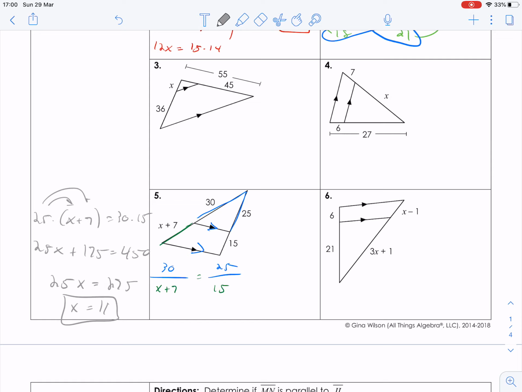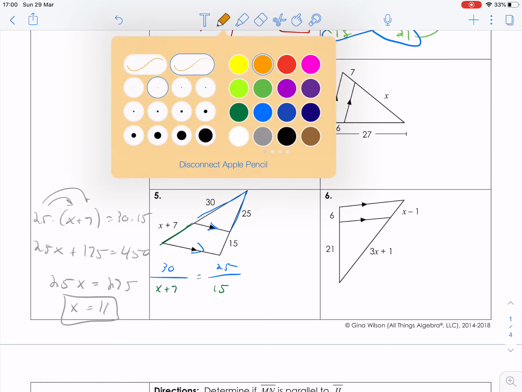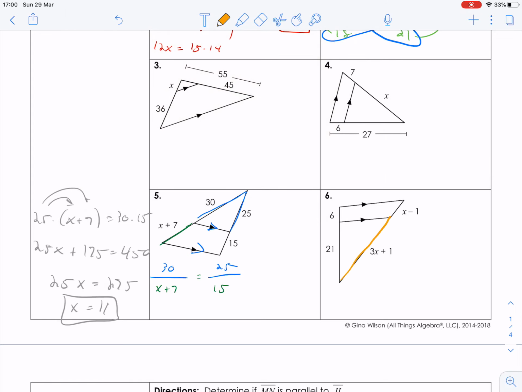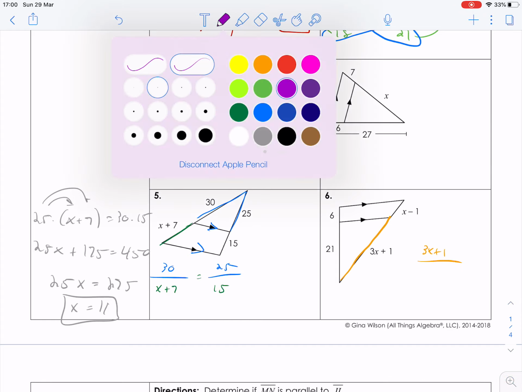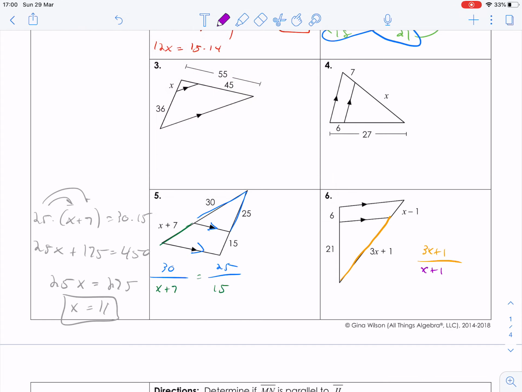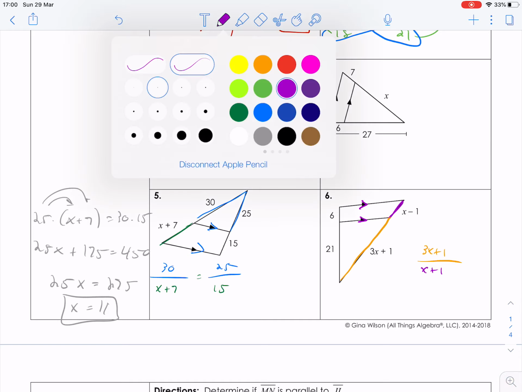Now, this one is a little bit different. We have 3x plus 1 divided by x plus 1. The only reason we can do this is because we know the bases are parallel. So the side splitter theorem says if these parallel lines split these two segments, we know this works.